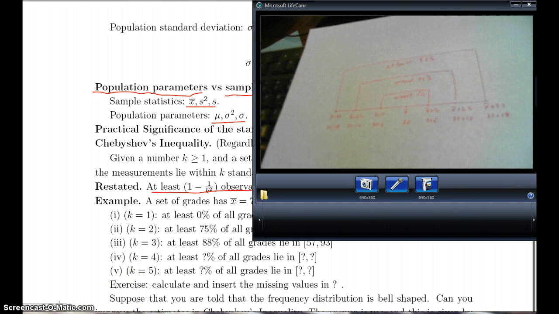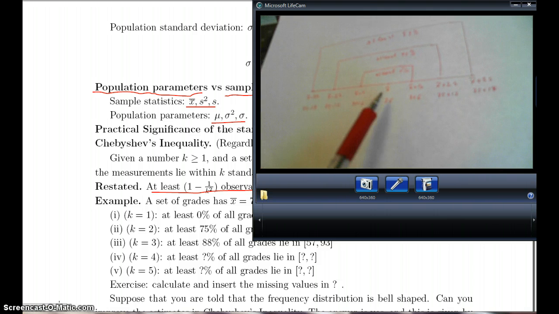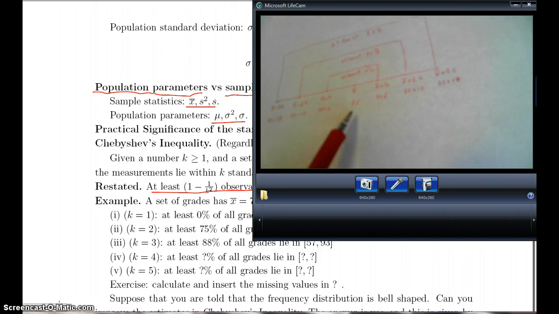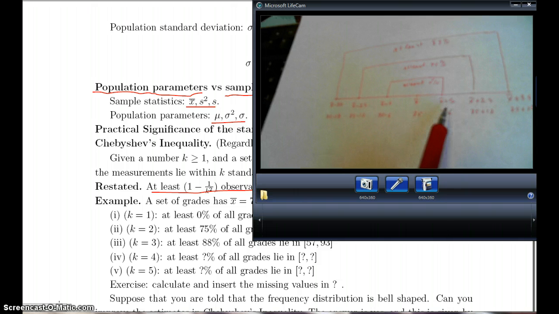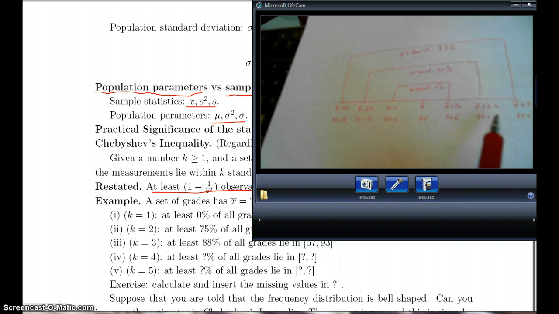So I want to show you here graphically on this picture what's going on. I have here my x bar, which is 75. I know this is not a good quality picture, but you have to bear with me. I have x bar plus s, which is 75 plus 6. Oops, it should be 75 plus 12, 2 standard deviations.